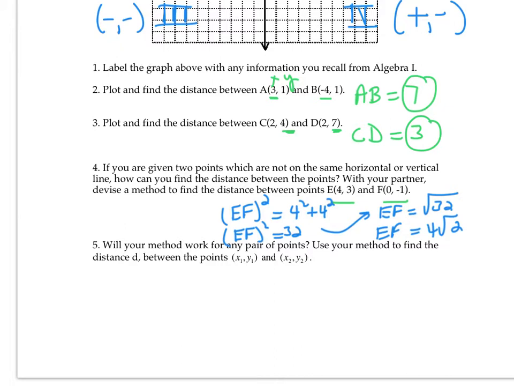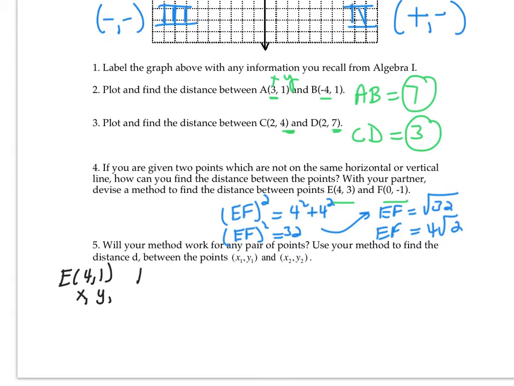In the previous question, notice that your first point, E, at 4, 3, I can also label as being my first point by giving it the coordinates x1, y1. So the ones are just little subscripts telling us that this is our first point.